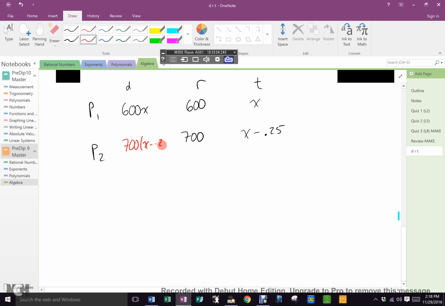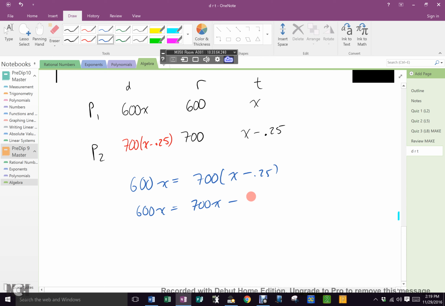And then it'll be 600x equals 700 times x minus 0.25. 600x has to equal 700x minus 175, right?